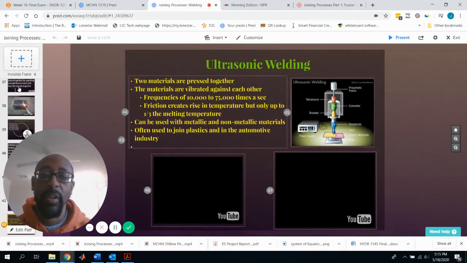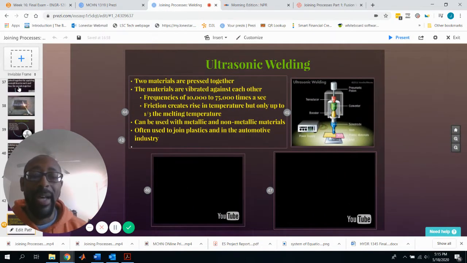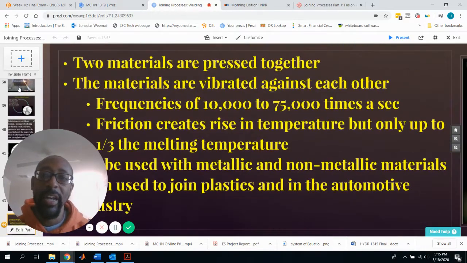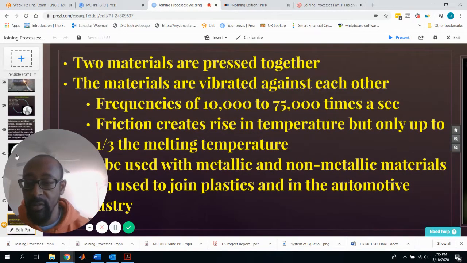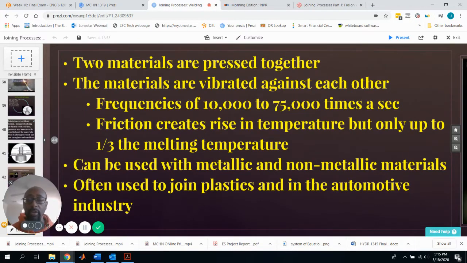So one of the first solid state welding processes that we're going to talk about is called ultrasonic welding. In ultrasonic welding, you have two materials. First, they're going to be pressed together, and then they're vibrated against each other at frequencies around 75,000 times a second.